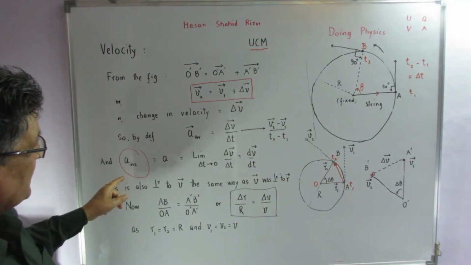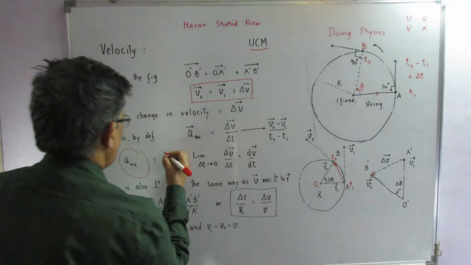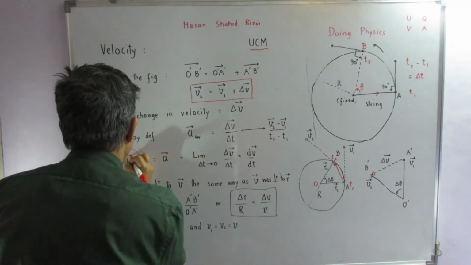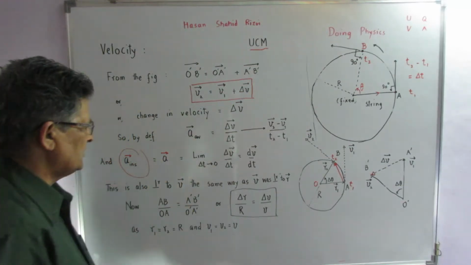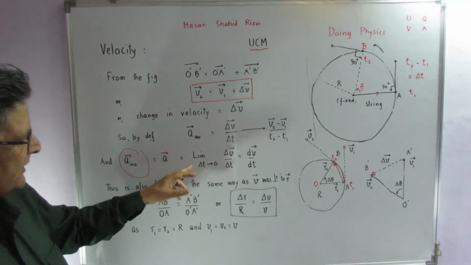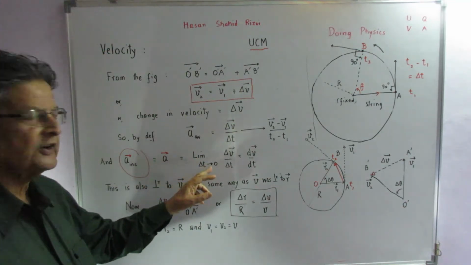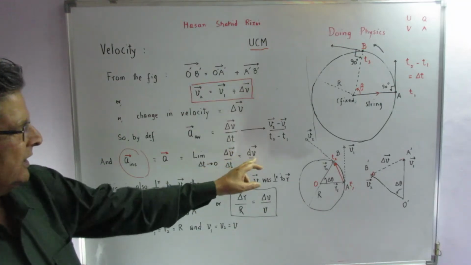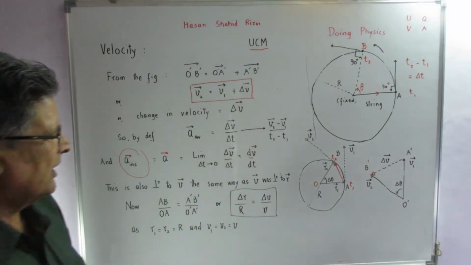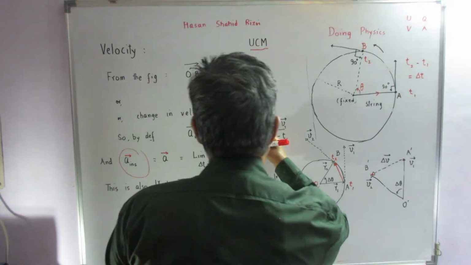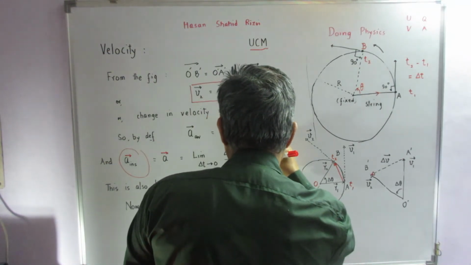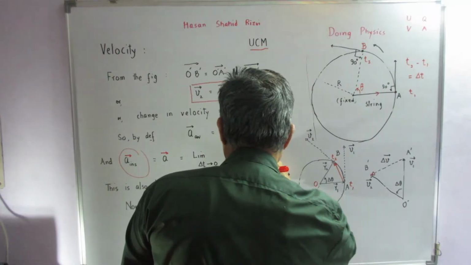The instantaneous acceleration as a vector will be defined, in the limiting case that delta t tends to 0, as delta v upon delta t, which is the rate of change of velocity at the given instant of time. Like in the case of linear motion, we again have this expression.